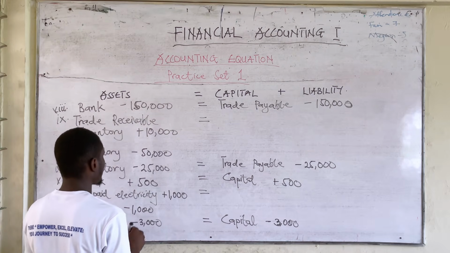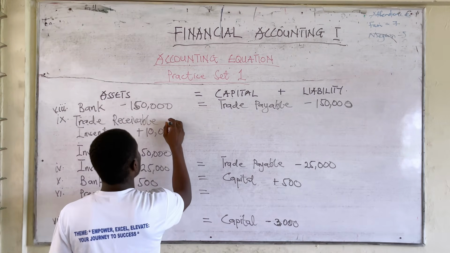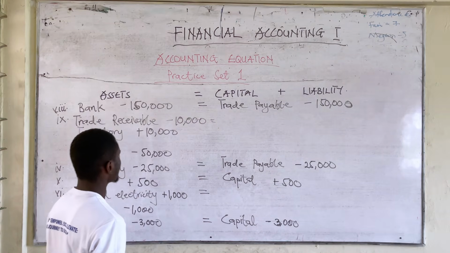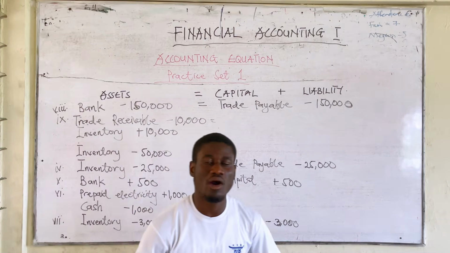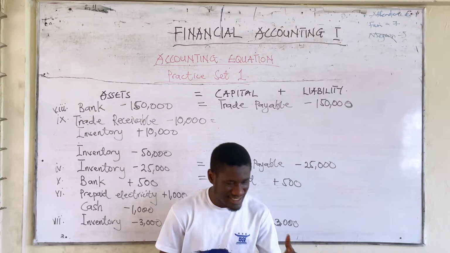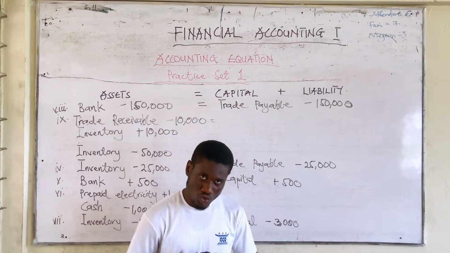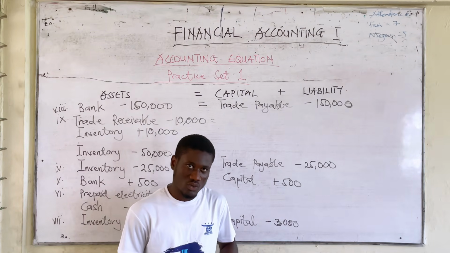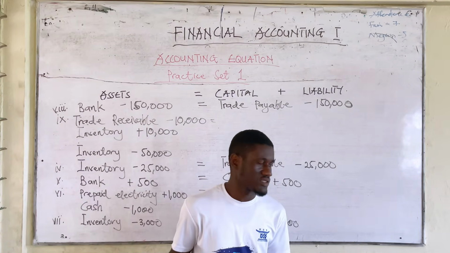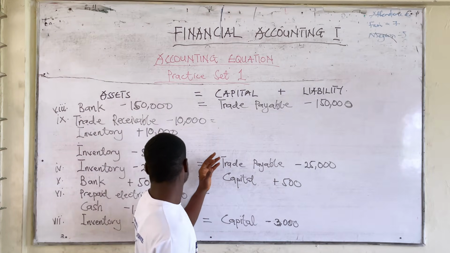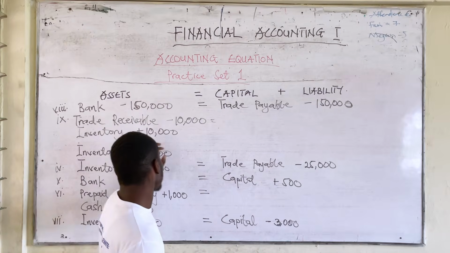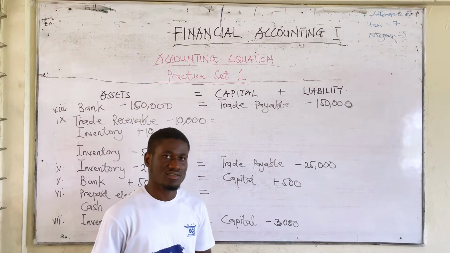Then our trade receivable also decreased by 10,000. Why? Because the trade receivables are people who owe us. Anas is owing us. We sold to Anas. Now Anas has returned goods back to us, okay, due to some reasons. So he has returned the goods to us worth 10,000. Our inventory has increased by 10,000.